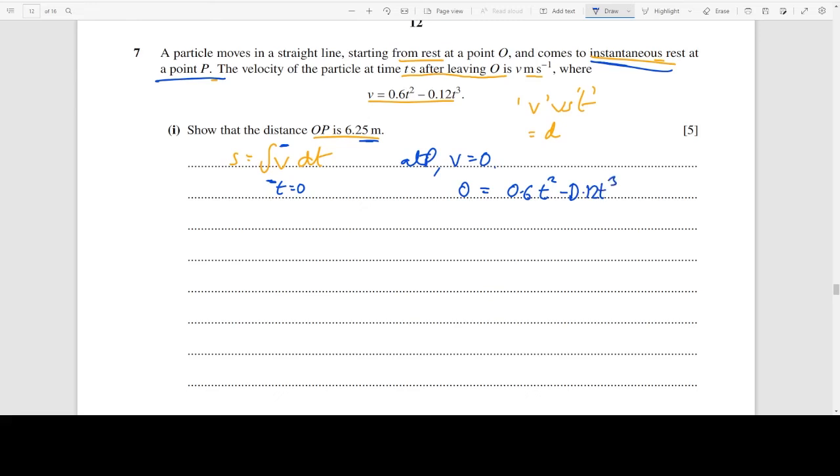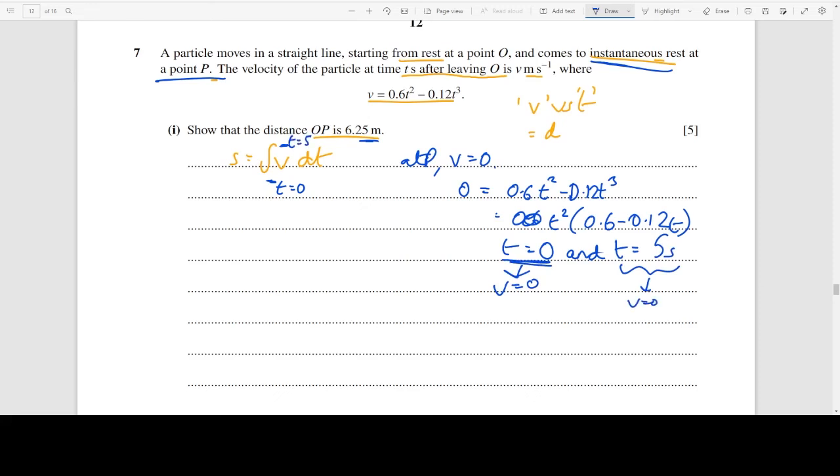We can just find the time at which velocity is 0, and if we solve this, we'll get t is equal to 0 and t is equal to 5 seconds. We have already taken t equals 0, because initially when it was at rest, velocity was 0, but even when t is equal to 5 seconds, velocity is 0. So this limit is going to be 5.